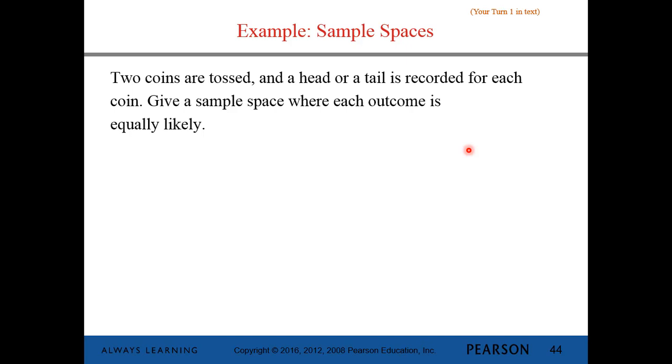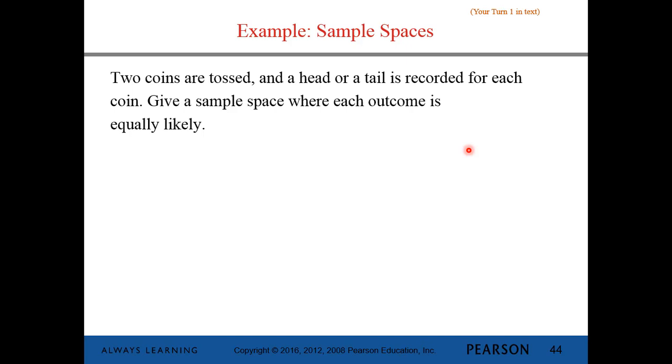So you've got 4 outcomes. Now, each one of those outcomes only has one way of occurring. You can only get heads on the first coin and tails on the second coin one way. So each one of those 4 outcomes only has one way of occurring, and therefore they are equally likely.